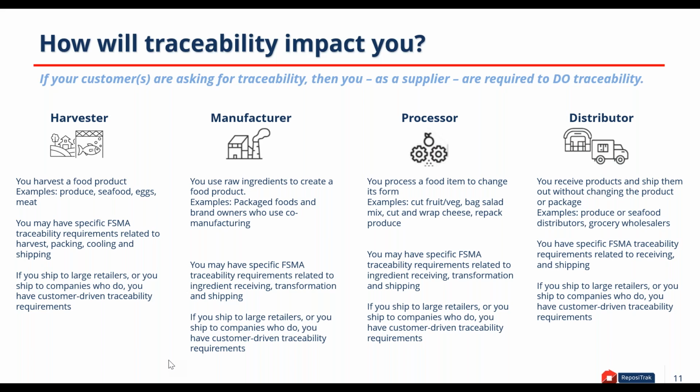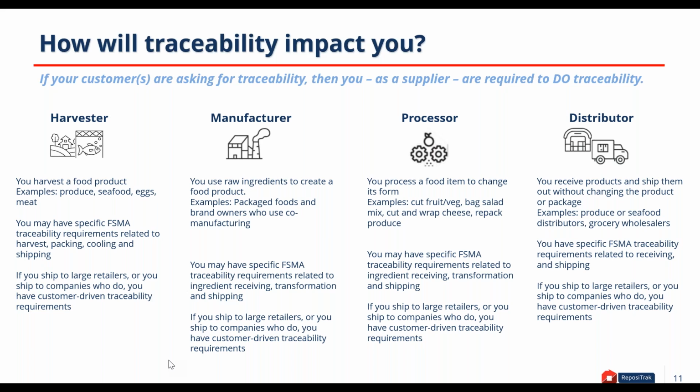There may be some cases where you're a niche product distributor and you don't have anything that's on the food traceability list. That is, you don't have anything fresh, you don't have anything with a nut butter, and therefore FSMA 204 may not apply to you. You still could have customer requests to do traceability, so you need to be ready for that.